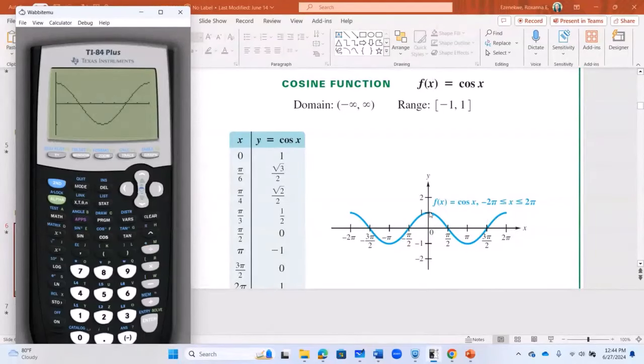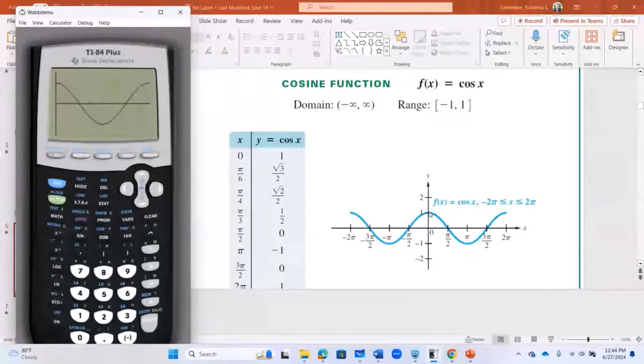The important thing I want to emphasize in the cosine curve is that it is symmetrical to the y-axis. In other words, the y-axis divides the cosine curve into 2 congruent parts. So the cosine curve has y-axis symmetry, and the sine curve does not.